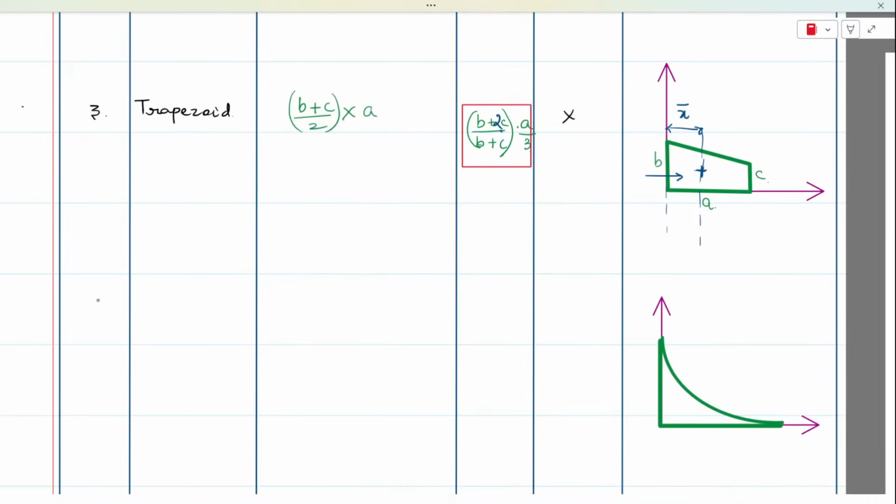Next is spandrel. So for spandrel, the equation is expressed as y is equal to kx power n. This is y is equal to kx power n.